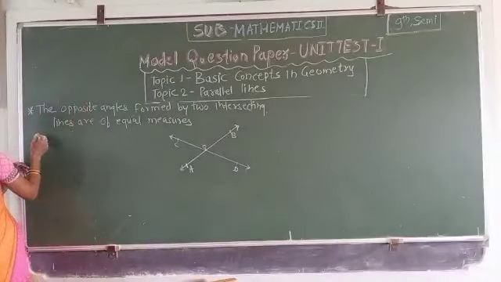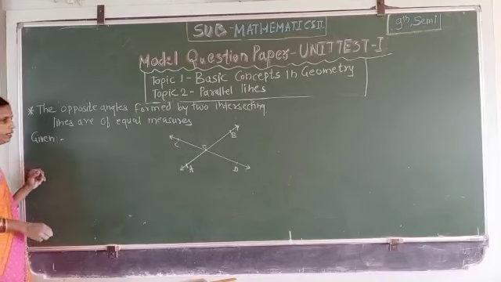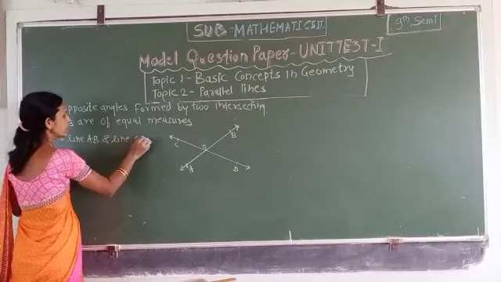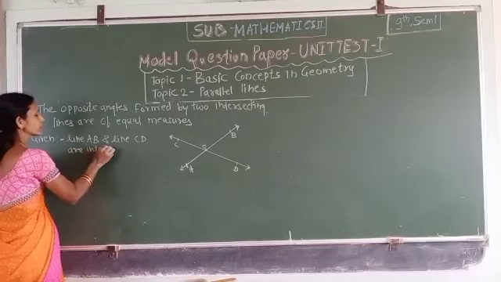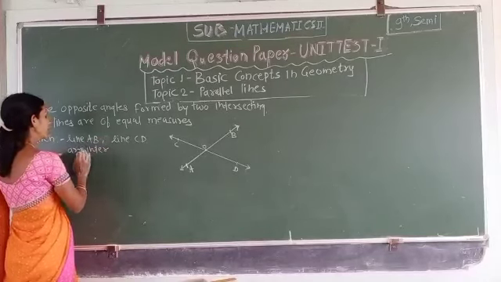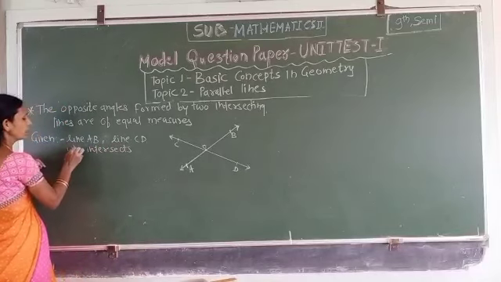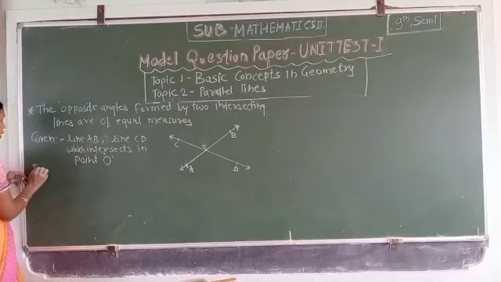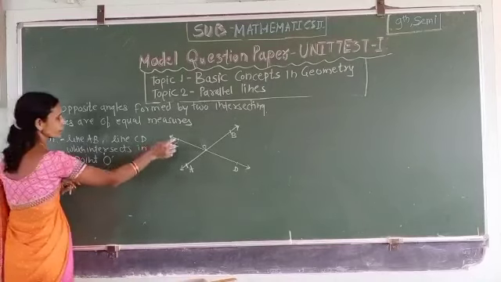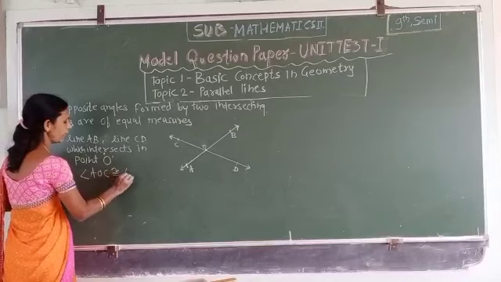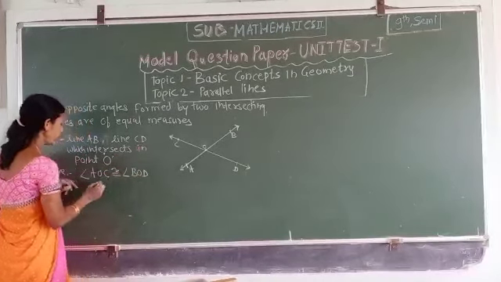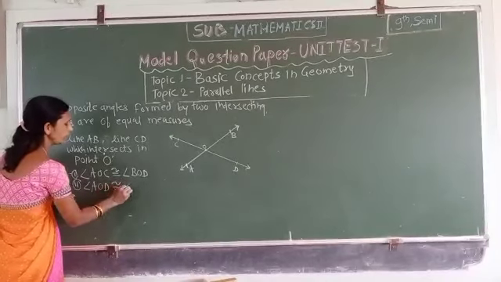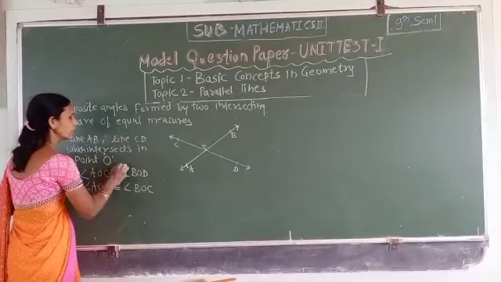For this purpose we have to use the figure. First of all we write the given: line AB and line CD are intersecting lines which intersect at point O. We have to prove that angle AOC is congruent to angle BOD, as well as angle AOD congruent to angle BOC, which are vertically opposite angle pairs.